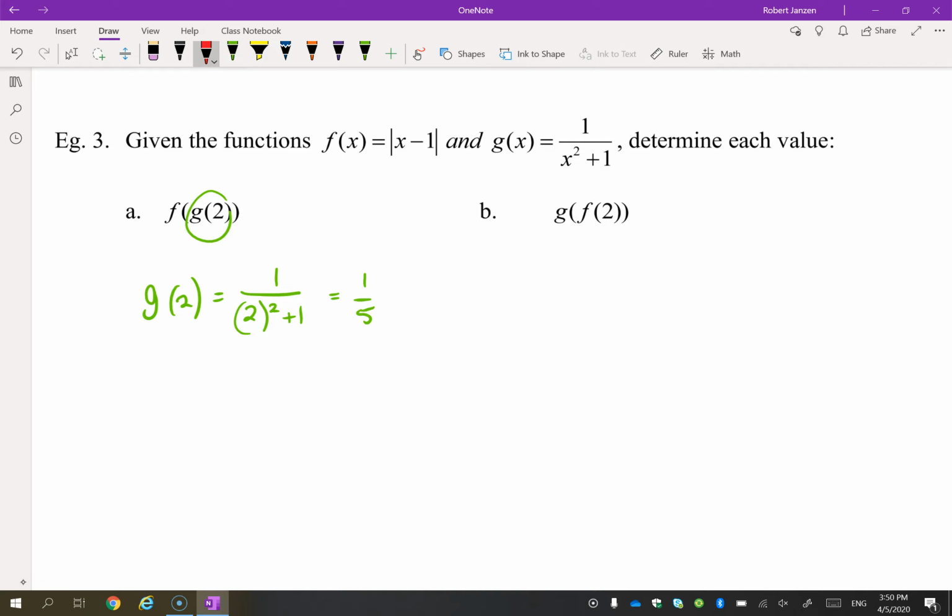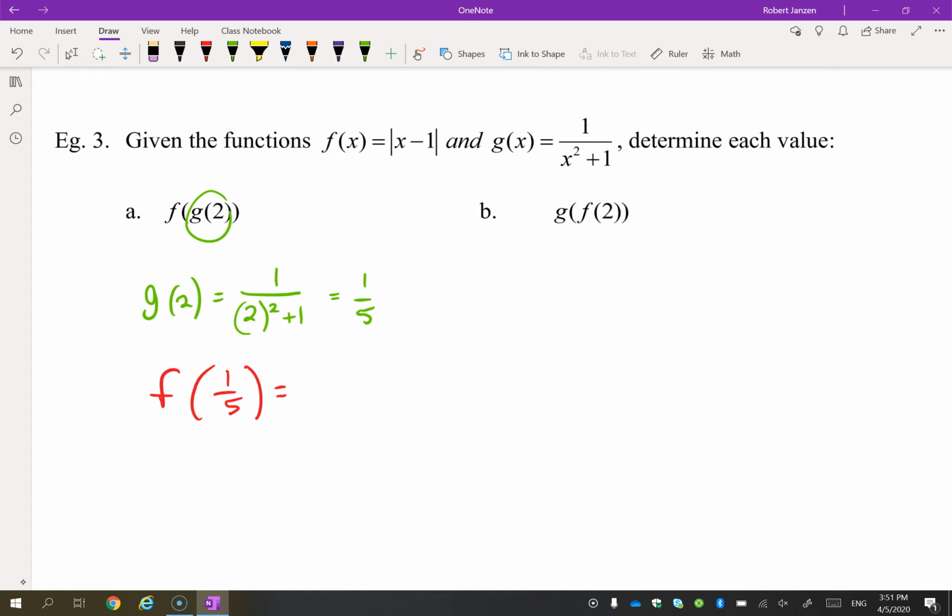So then I'm going to say, what is f of 1/5? Now notice I haven't put an equal sign here or an equal sign here. That would be incorrect. What I've got is separate statements here. I've got this one, where I'm figuring out what is g of 2, and now I'm going to do f of 1/5.